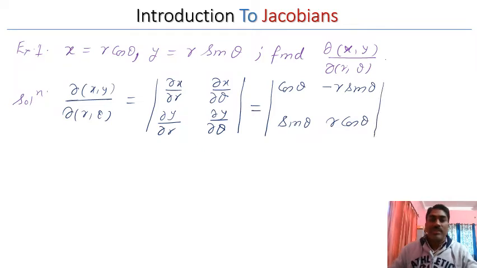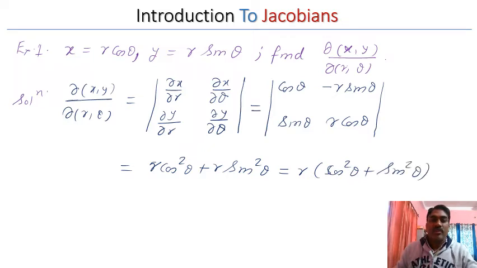You can open the Jacobian, so you will get r cos square theta plus r sin square theta, and taking r common we will get cos square theta plus sin square theta, and cos square theta plus sin square theta is 1, so this is r. So Jacobian of xy with respect to r theta is r.